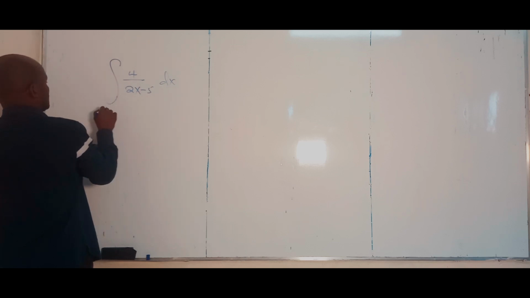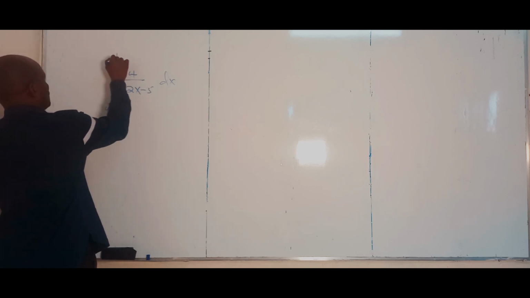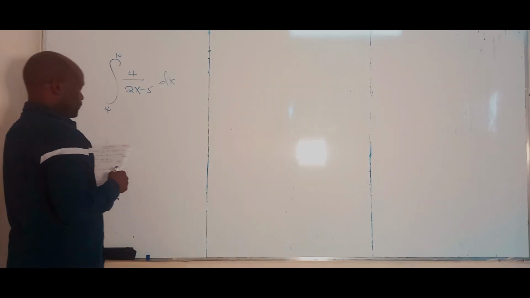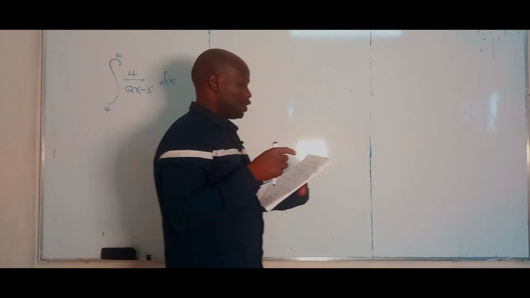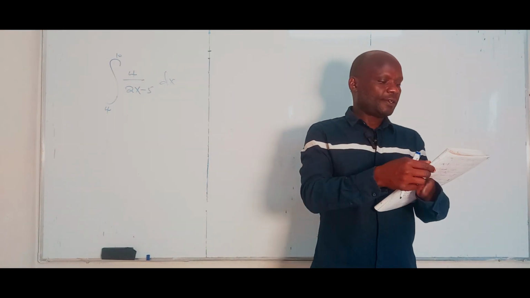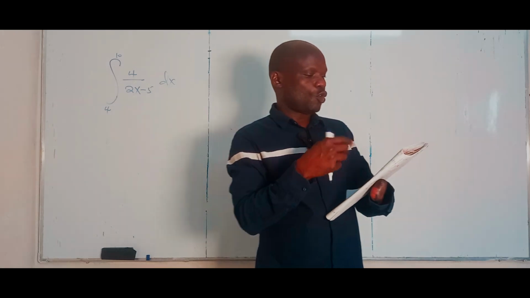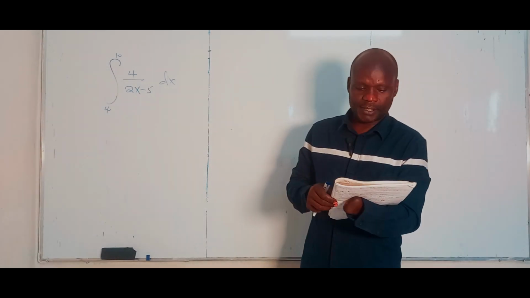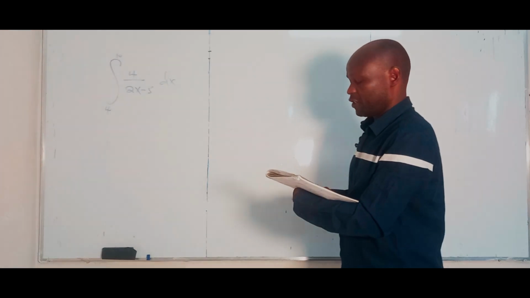That's what we want, from 4 to 10. So the limit is 4 to 10. Find that integral, giving your answer in the form ln of A, where A is an integer. That is 4 marks. That's part A of the question.